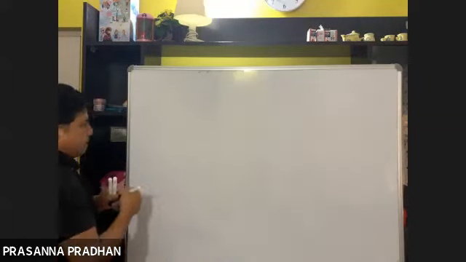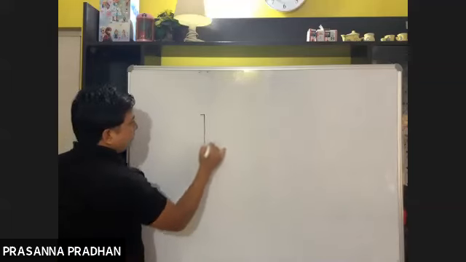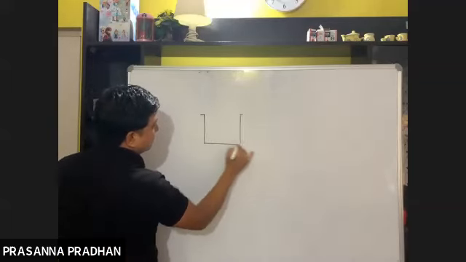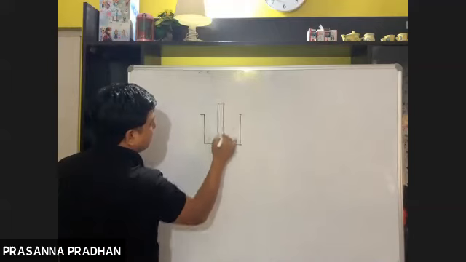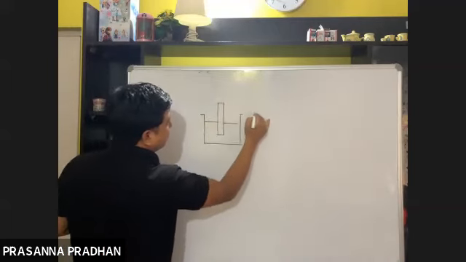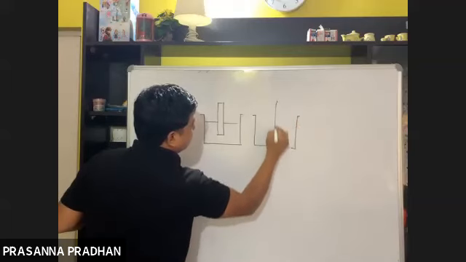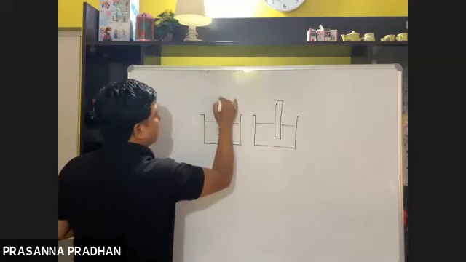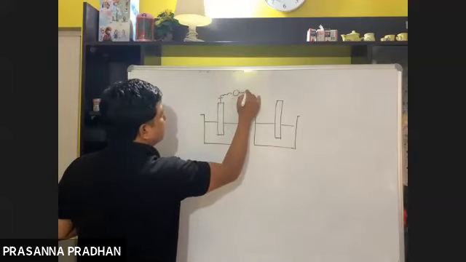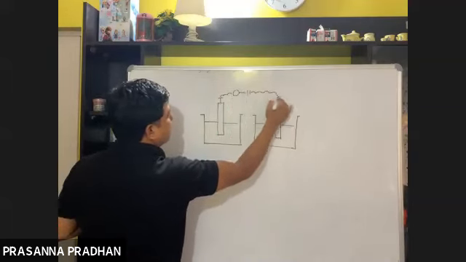Once more, I'm going to draw a simple diagram like this. I have an anode out here, and I have a cathode out here. These are connected with the help of a voltmeter, externally by a wire.